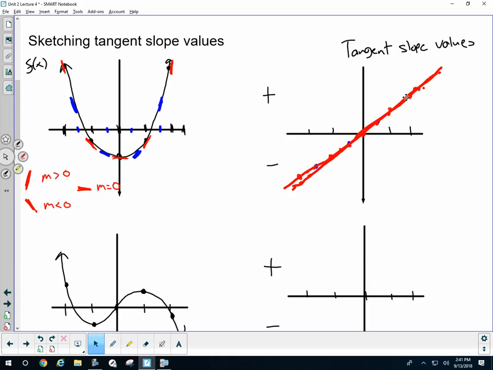I have a graph of an equation that can tell me tangent slope values to another equation. Like if I look anywhere here, 1.5, I see some positive value. Well, if I look at this graph and I look at 1.5, I see, oh yeah, there's that positive value. Okay? It seems like there is some equation.